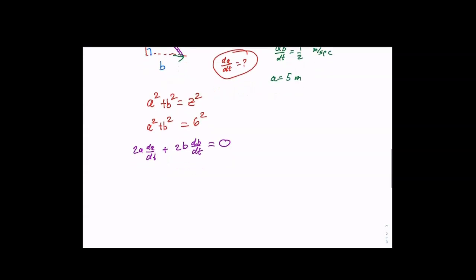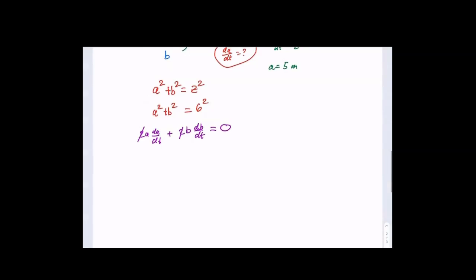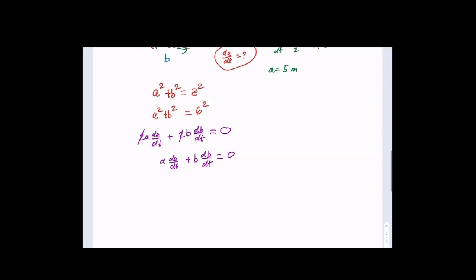Perfect. 0 because the right-hand side is a constant. It doesn't matter that it's a constant squared; a constant squared is still a constant. Now, you can also realize that the 2's would cancel each other out. So if I divide everything by 2, it still works out. So I get A dA/dt plus B dB/dt equals 0. Technically, I'm just dividing out by a 2.